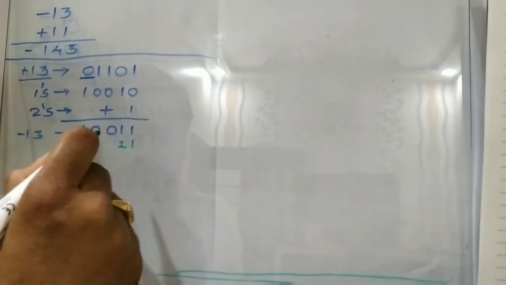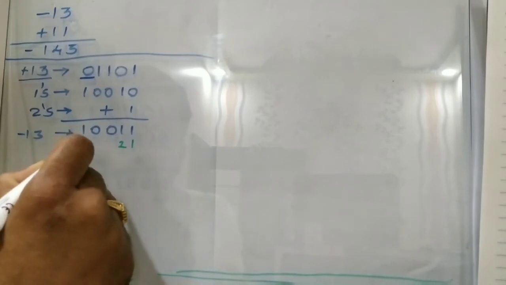You know very well, the weight of this number is 1, then it will be 2, 4, 8, these are 0, so we don't need to consider those. So 1, 2, 4, 8, and this will be 16. But as your MSB is the sign bit, we should consider this as minus 16. So minus 16 plus 2 plus 1, which is nothing but minus 13.